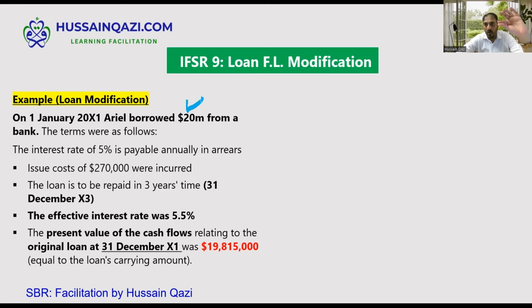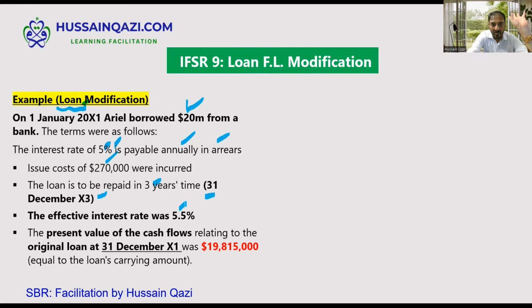The terms were as follows. Interest rate 5%, payable annually in arrears. Issue costs of $270,000 were incurred. That's a simple loan. The loan is repaid in 3 years' time, from 1st January X1 to 31st December X3, that is 3 years.